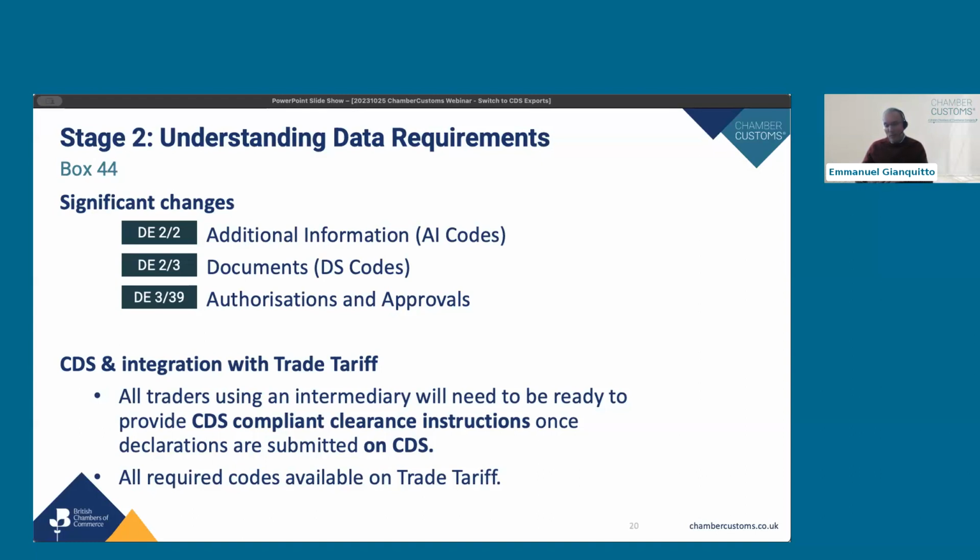Some of you might remember that for a certain period of time, the tariff information was no longer in sync with CHIEF. So we used to have codes quoted on the trade tariff to declare a certain certificate or a certain license, and those codes were not compatible anymore with CHIEF. Thankfully, that's gone now. The trade tariff is fully aligned with CDS.